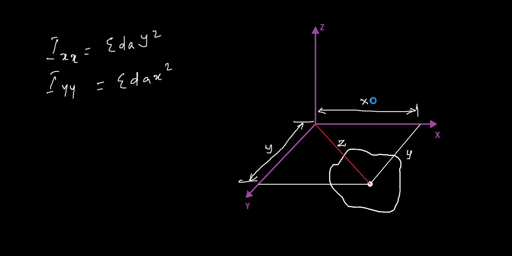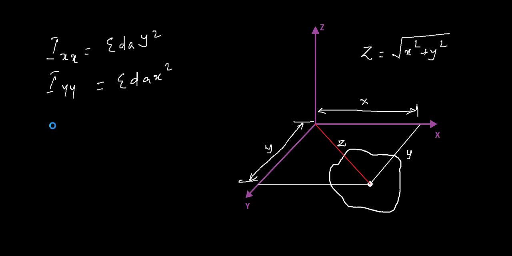So from this figure you have z equal to square root of x squared plus y squared. That's just using the equations of the right triangle. You have your perpendicular and your base and your hypotenuse. So your hypotenuse is equal to square root of perpendicular square plus the base square.